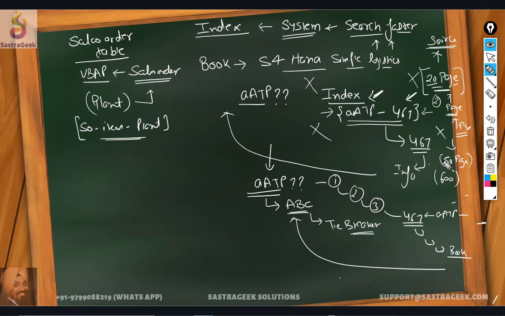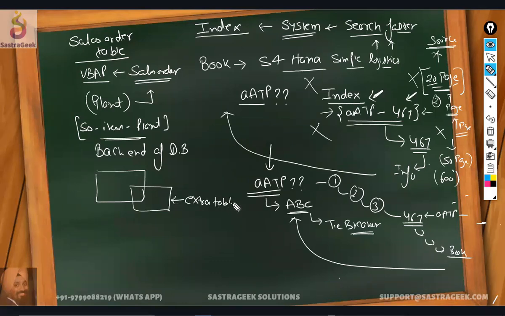Technically, whenever you create a secondary index in your system, or your technical consultant creates it, at the back end of the database your main table gets associated with one more extra table, that is the index.